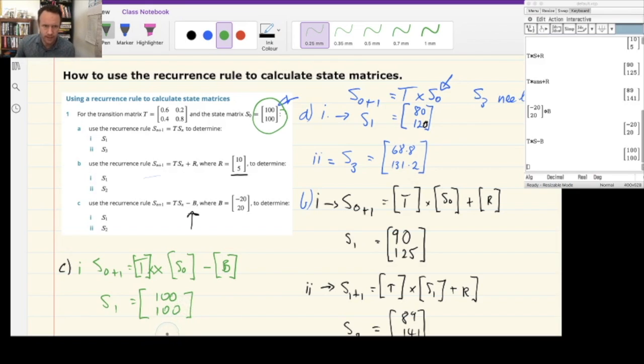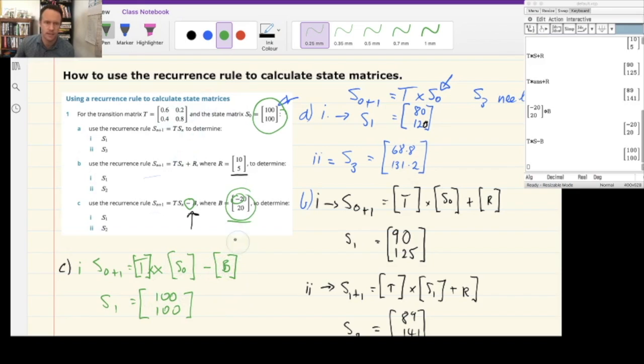So at the end of the day, if we did 0.6 times 100, so 60, and then 0.2 times 100, so they equal 80 all up. And this matrix then subtracts a -20 from that top number, from our 80. So subtracting a -20 is the same as adding 20, so that takes it back to 100.